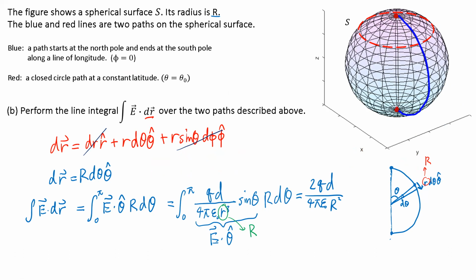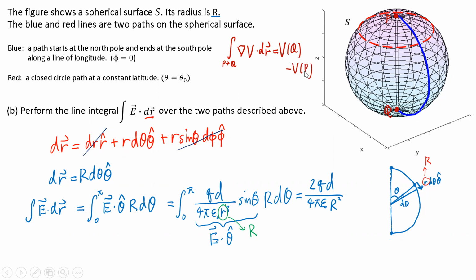Let me call this point P, and this point Q. Last time we learned about the fundamental theorem of line integrals: the integral of the gradient function from P to Q is equal to the potential value at Q minus the potential value at P.